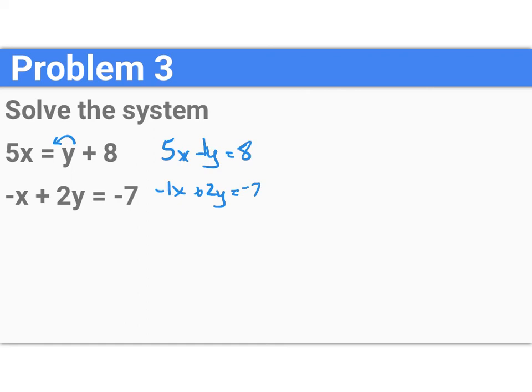Since the x has a 1 in front of it, I can multiply this bottom one by 5, or I can multiply the top one by 2. It's always easier to multiply by smaller numbers, so that's what I choose to do. And that's just me. It doesn't matter. You can multiply the bottom one by 5, and you will get the same results, provided that you make no mistakes.